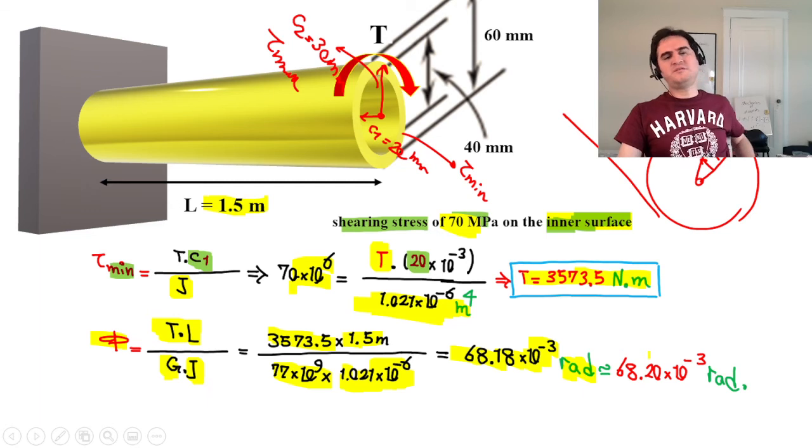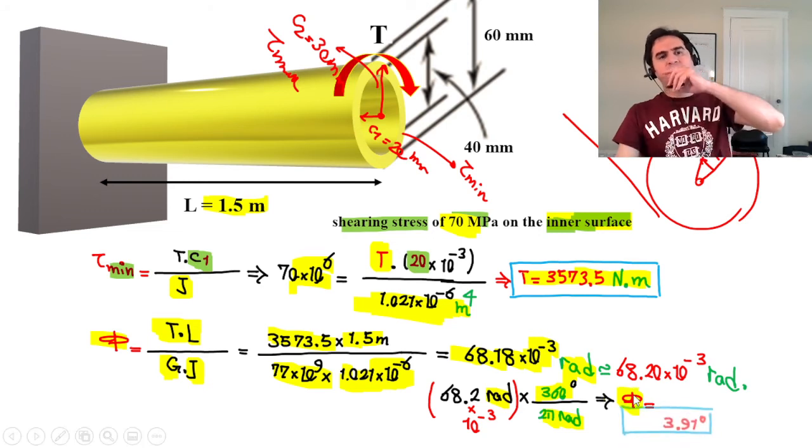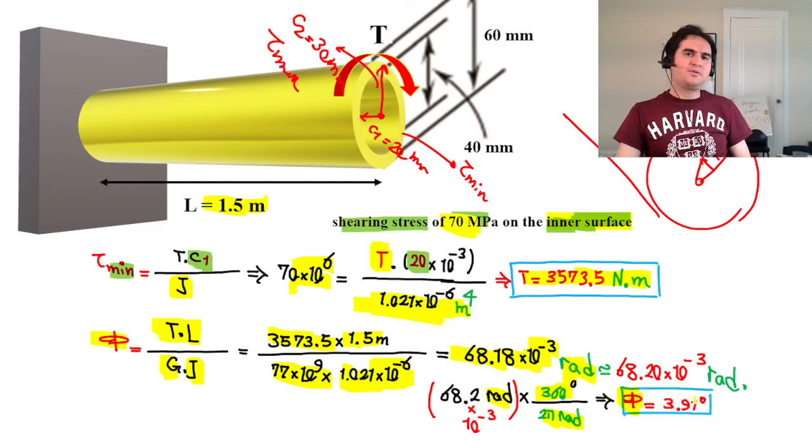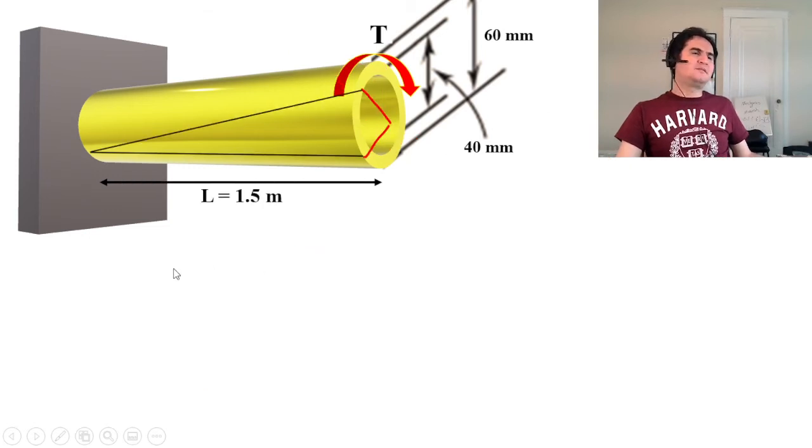If you want to convert that to degrees, 360 degrees is 2 pi radians, and that gives you a phi of 3.91 degrees.